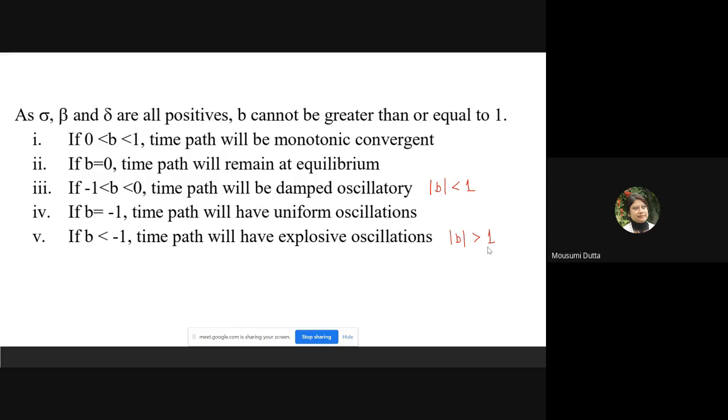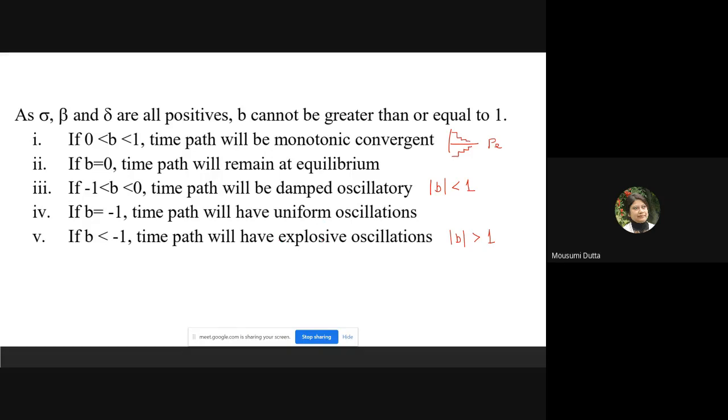In the first case, you draw the monotonic convergent time path, the step function, the same step function as we did in the cobweb model because our time is discrete. If this is the equilibrium, we will get this kind of time path.